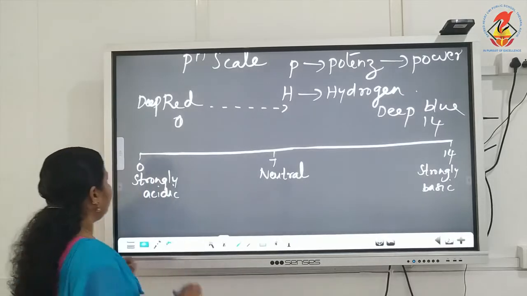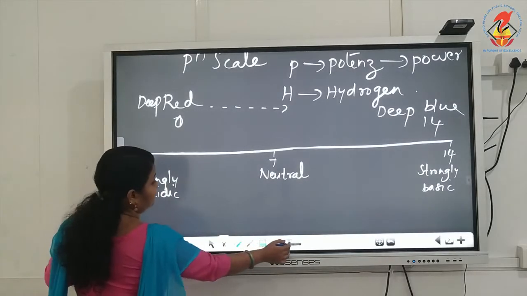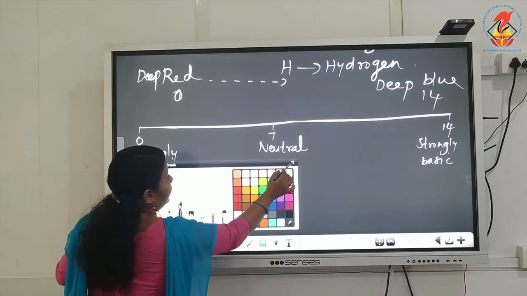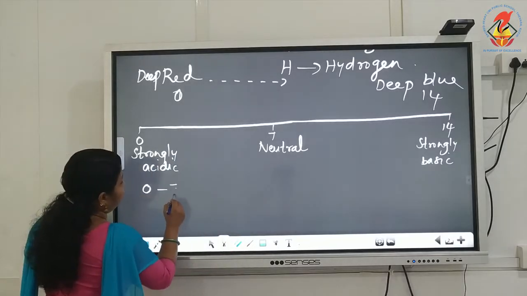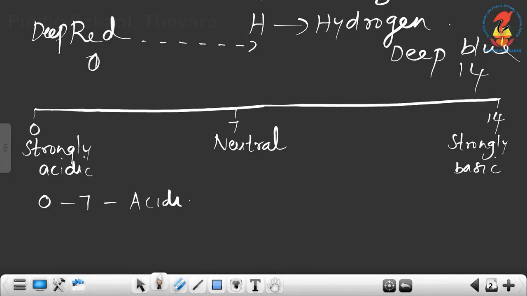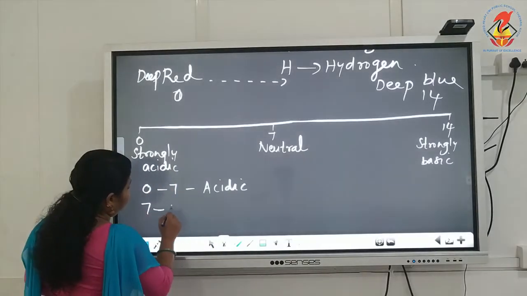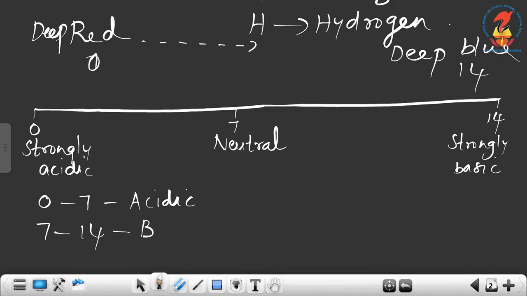Okay. Now, the value from 0 to 7 corresponds to acidic solutions. If the pH value that you are getting is in the range 0 to 7, your solution is acidic in nature, and from 7 to 14, after 7, it is a basic solution.